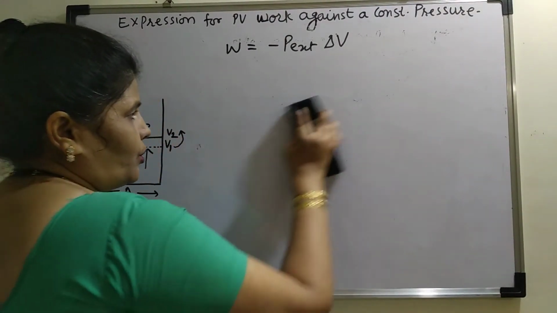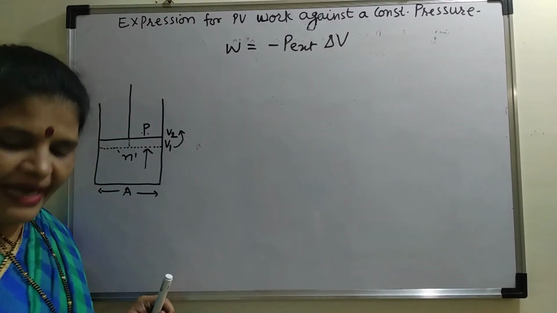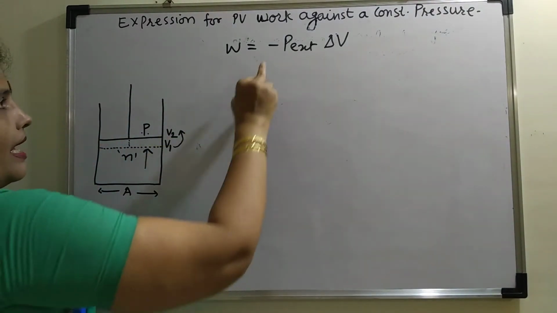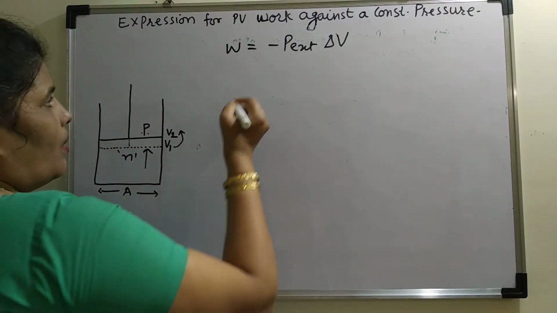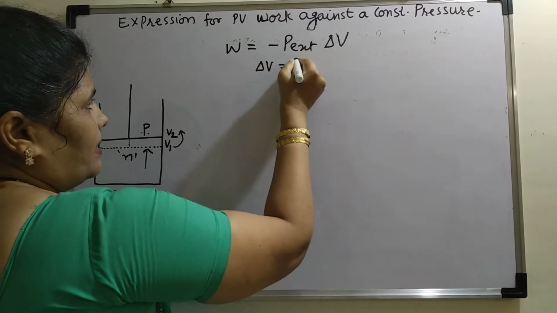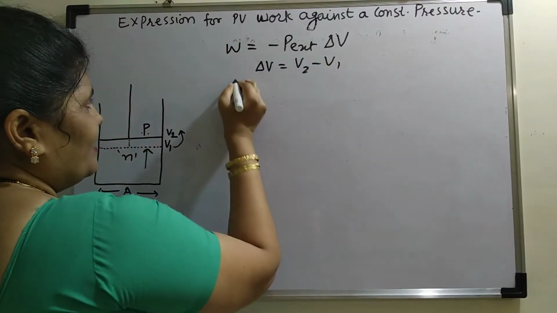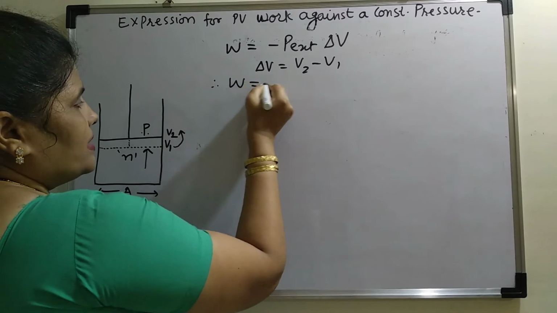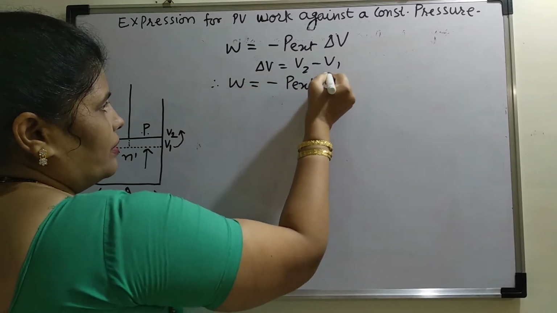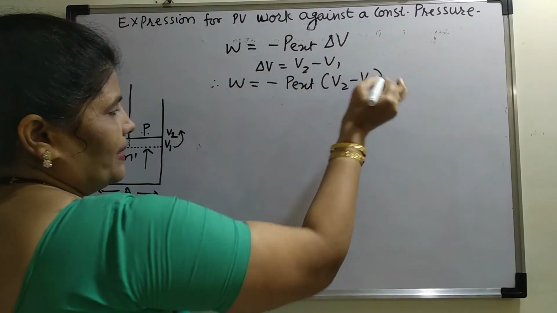If you want to show that the gas is getting compressed, then the sign will become positive. Delta V is equal to V2 minus V1. Therefore, W is equal to minus P external into (V2 minus V1).